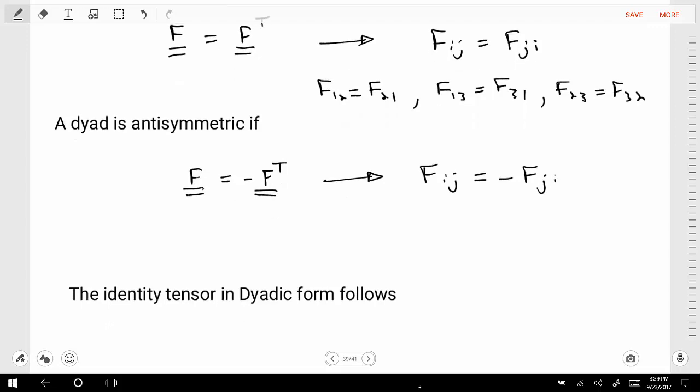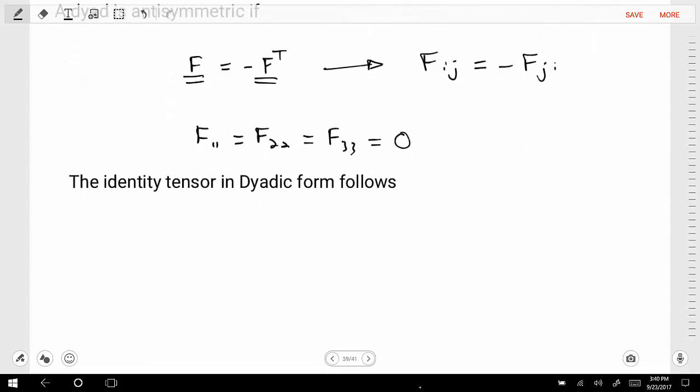Now, in order for this antisymmetric form to be true, our diagonals must be equal to 0, because when we do our transpose, nothing happens to the diagonal terms. So for this to be true, we must have a 0 diagonal. And going back to our introduction to tensors, we can clearly exercise this relationship with a general tensor to illustrate that those must be 0.